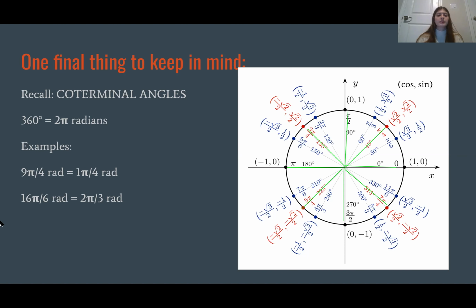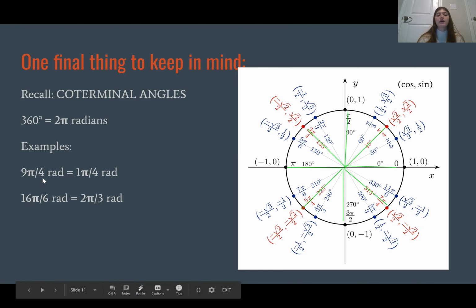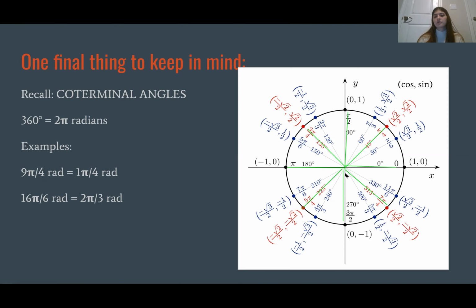So here's some examples, right? We've got 9 pi over 4 radians. Well, here, I have them actually in these neon green are the numbers that we'll be taking a look at. So this is what we're going to do.